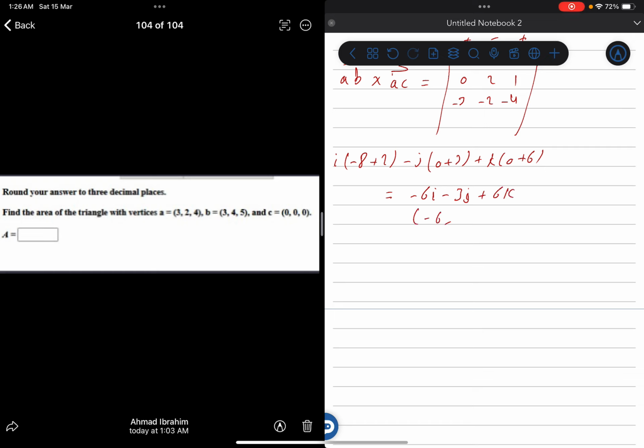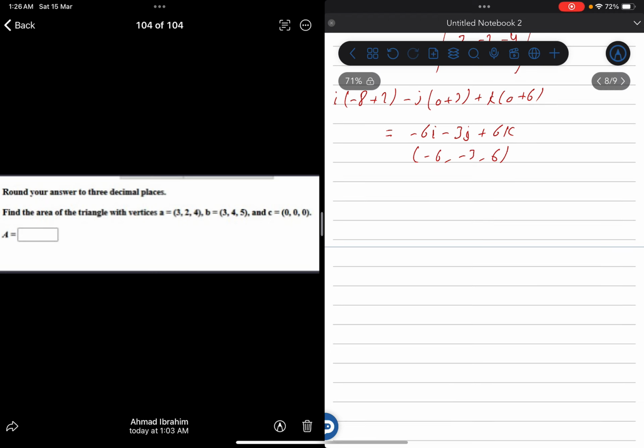It will be negative 6, negative 3, 6. Now we compute the magnitude of the cross product AB cross AC, which is negative 6 square, negative 3 square, and 6 square. And we end up with square root of 81, which is 9.